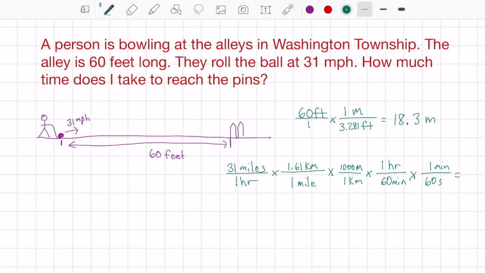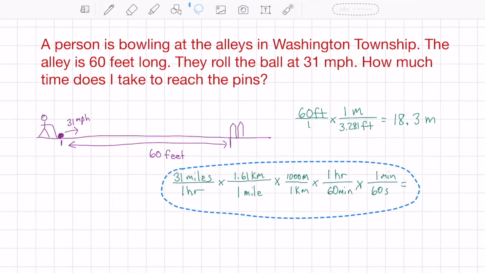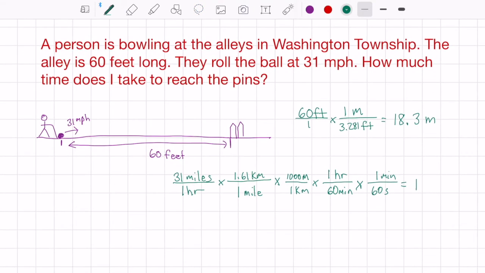I do the 31 times 1.61 times 1,000, and then I divide by 60 twice. Okay, that works out to 13.86 meters per second.